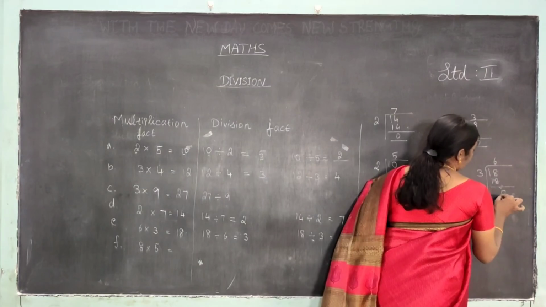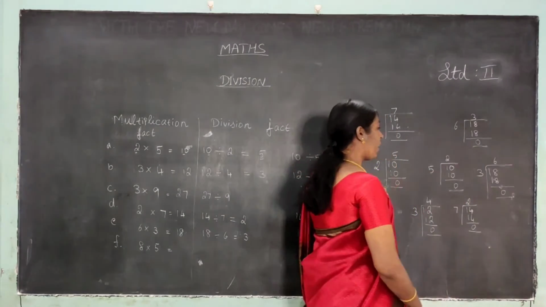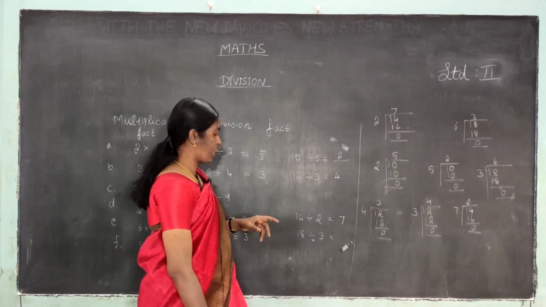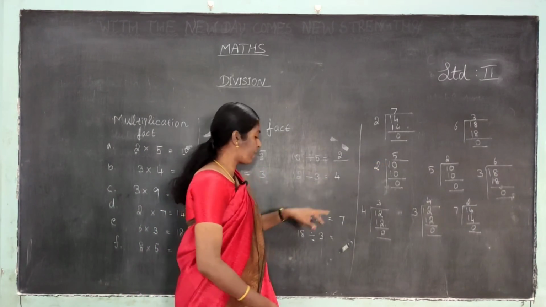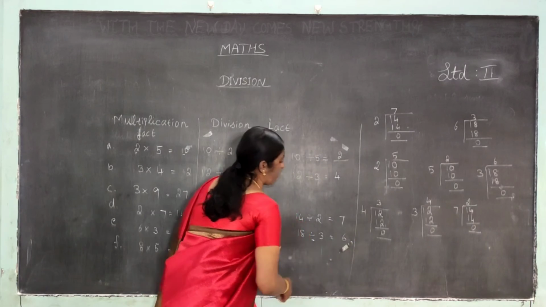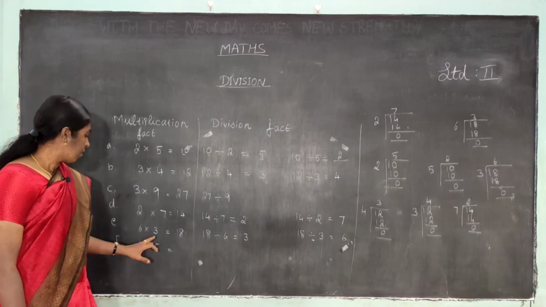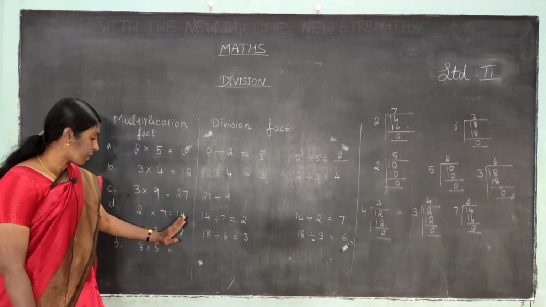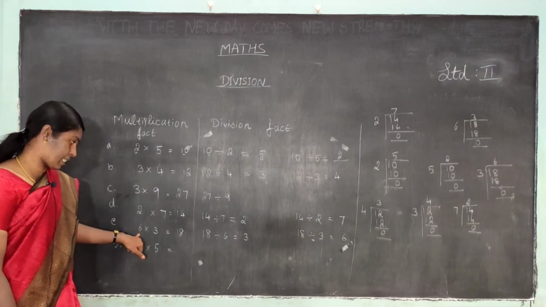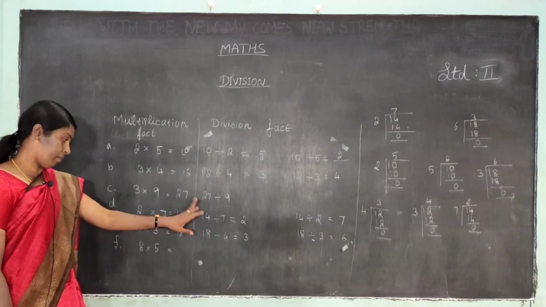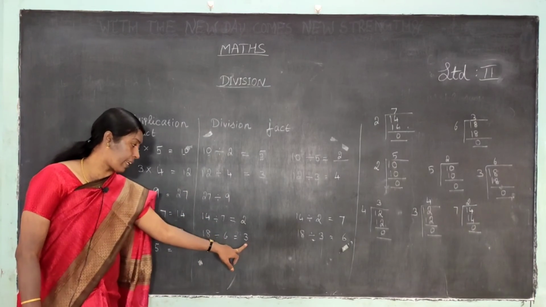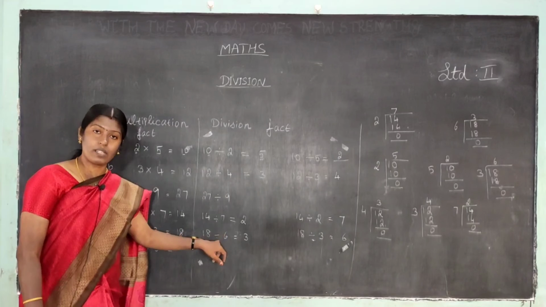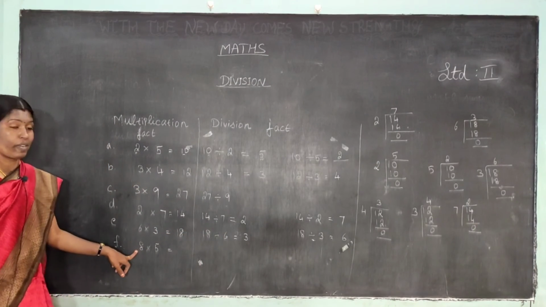Write the quotient, minus it, and write the remainder also. 18 minus 18, 0. So here, when you divide 18 by 3, what is the quotient here? 6. So write it here. Okay. First you see 6 3s are 18. When you divide 18 by 6 itself, the answer will come 3 here. Okay. Next again when you divide 18 by 3, the answer is 6. Like that in the last one.